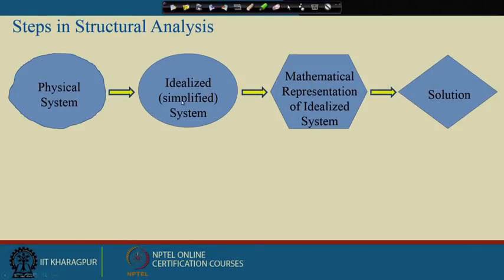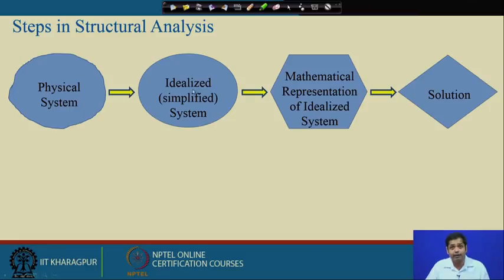mathematical model. Now please remember, one thing to be noted here: at every step, from physical system to idealized system, then idealized system to mathematical model, and then solution of the mathematical model, we make certain assumptions, and these assumptions are very important because they are the limitations of this flow as well.